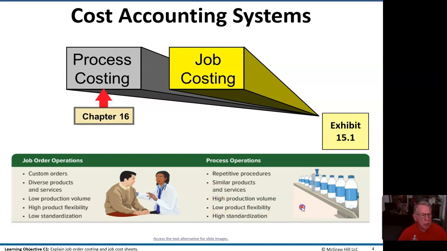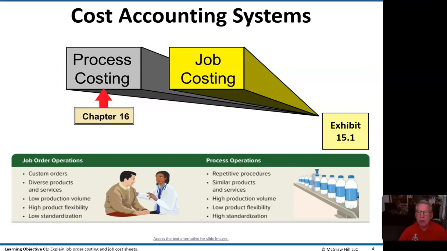Perfect description of our burrito business. Whereas job order operations, when I worked for Chrysler Corporation, we made automobiles. Each automobile was a job, and we knew exactly how much cost for each automobile that we had.